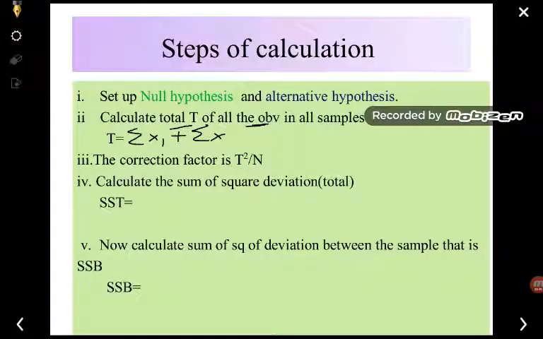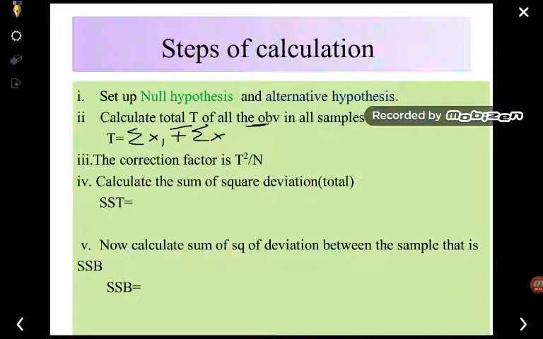We already know the 9 steps of calculation of the ANOVA, of which the first step is to set up the null hypothesis and the alternative hypothesis. Yesterday we already covered this first step.